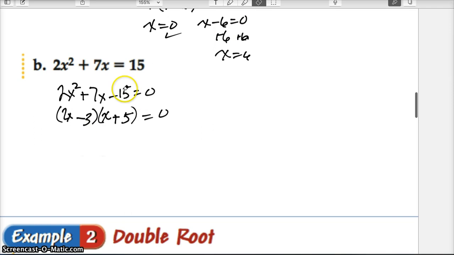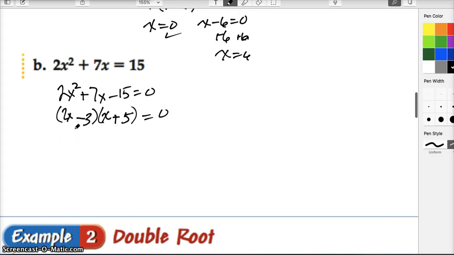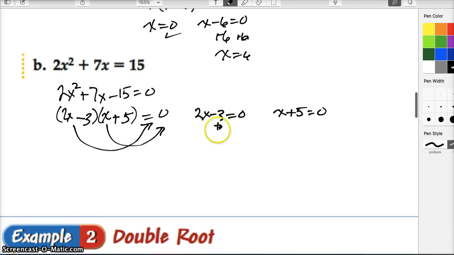Then this factor is equal to 0, or this factor is equal to 0. Setting each factor equal to 0, I get 2x is equal to 3, or x is equal to 3 halves. And over here, I think you guys know it already, x is equal to negative 5. So these are my two solutions.